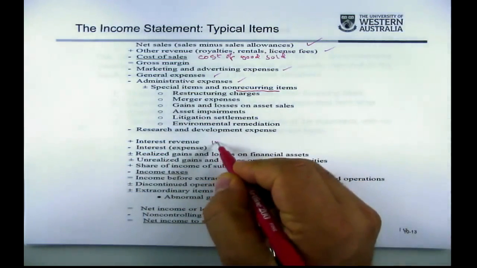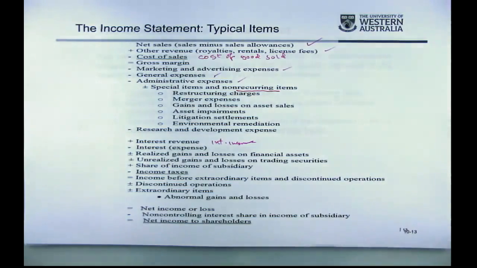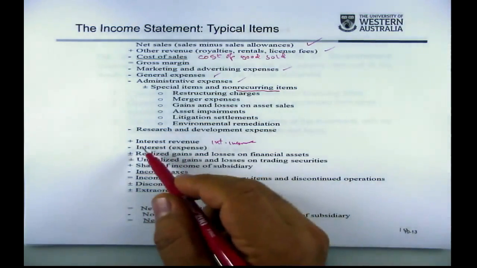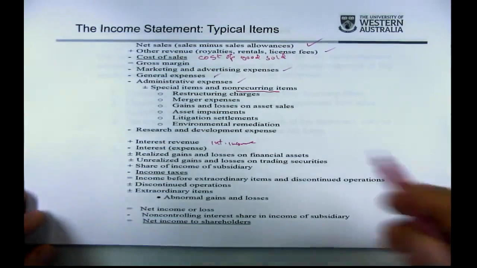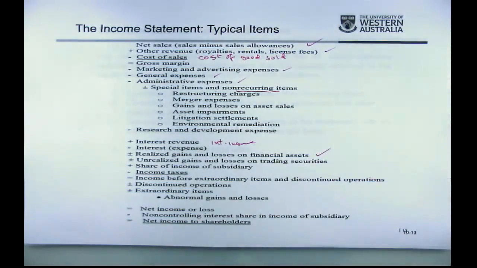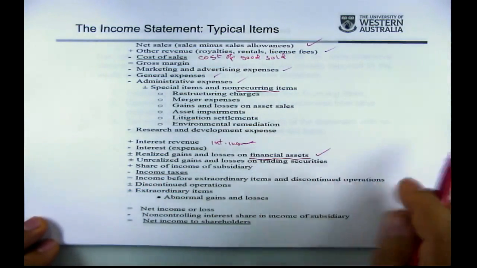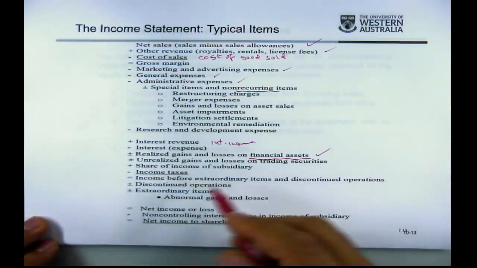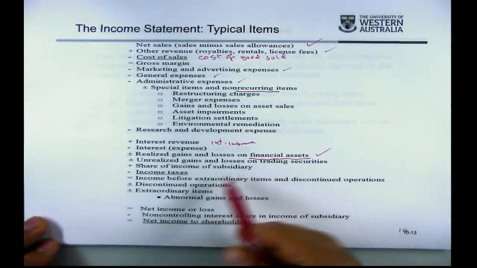Sometimes it is called interest income. The same. Interest revenue and interest income are equivalent. Then we have interest expense. We take the net, and to calculate the net interest expense or net interest income, we add any other financial gains and losses, or subtract. It depends on whether we have a gain or loss on financial assets. And also unrealized gains and share of income of subsidiaries.